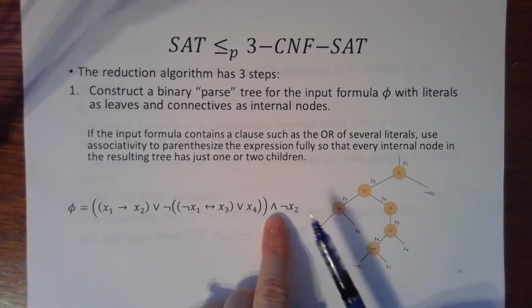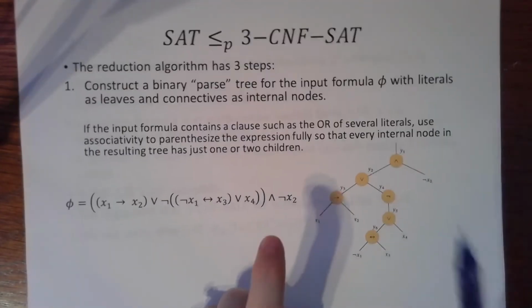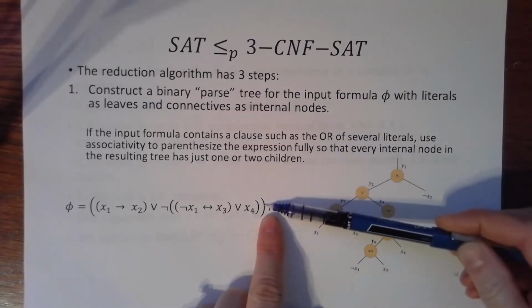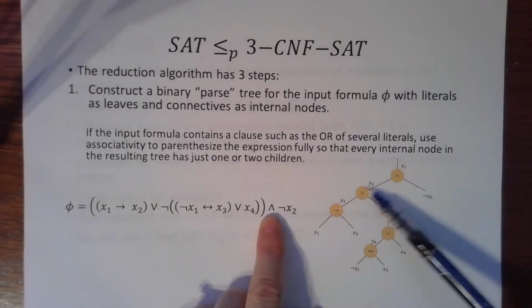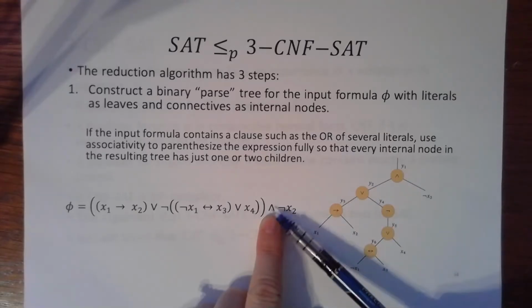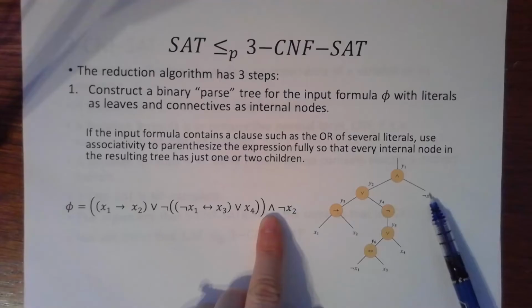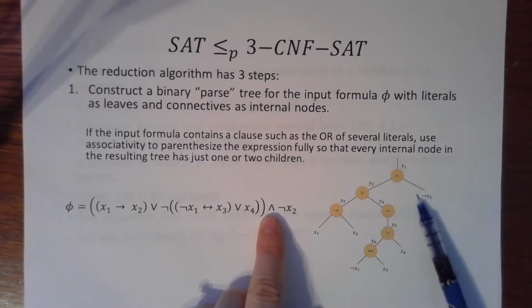Notice over in our parse tree there's an AND gate, and there are 2 things ANDed together. There's something on the left that's happening down in this tree, and on the right there's the negation of x2. That is a literal, so that's a leaf.